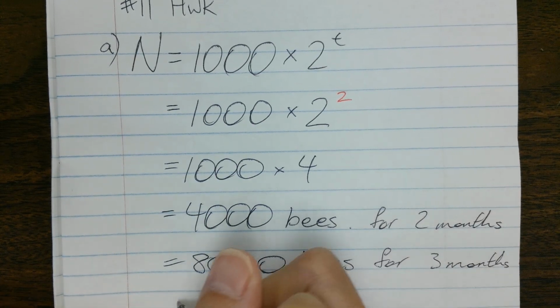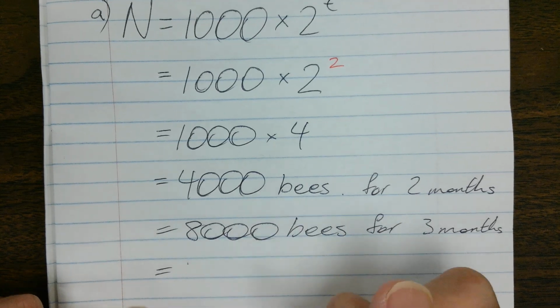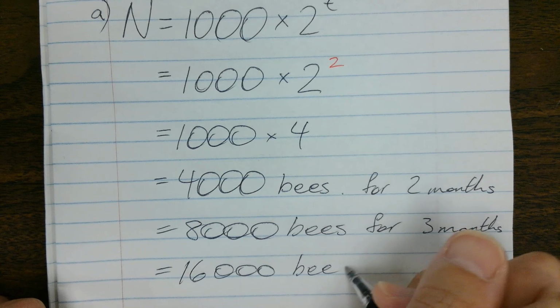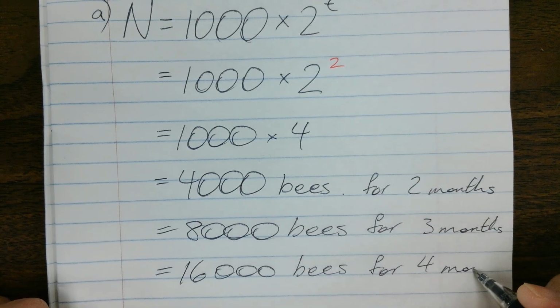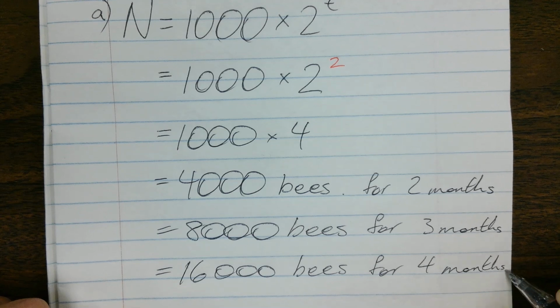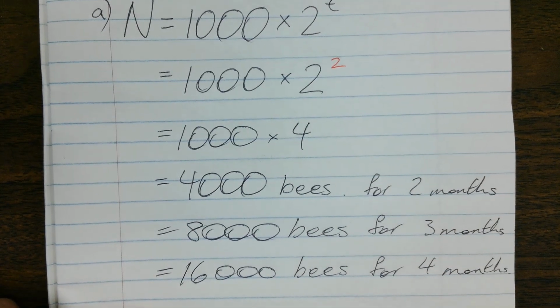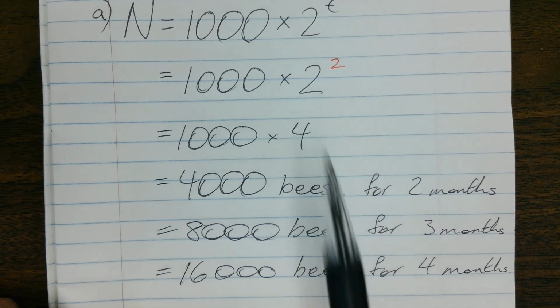What about 4 months? It's doubling every time. 16,000. Yeah. So logically, you can do it like this as well. You're just doubling every month. But when we get into like 10 months or 100 months, that's when using this formula will be a little easier.